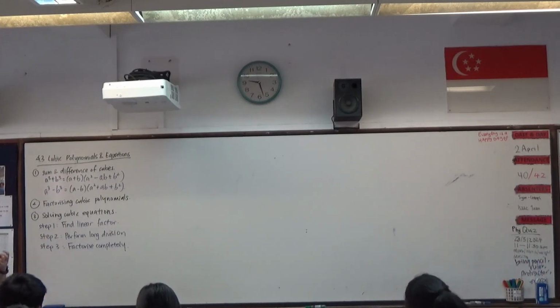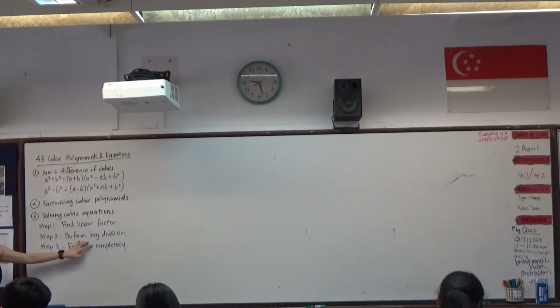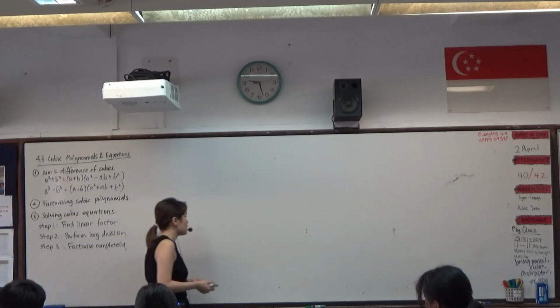We still need to show that we are able to apply the factor theorem. We're just trying to find a shortcut around our trial and error method. Then step 2 is to perform long division, and step 3, we need to ensure that we factorize completely before solving.